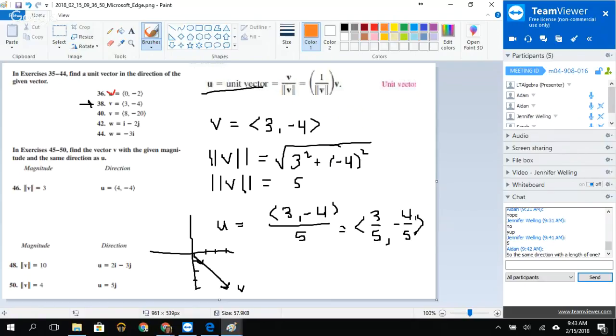So it's just actually a little 1 unit vector that goes down here and that is in the direction of the given vector. Exactly, Aiden. So that's basically what we're trying to find.